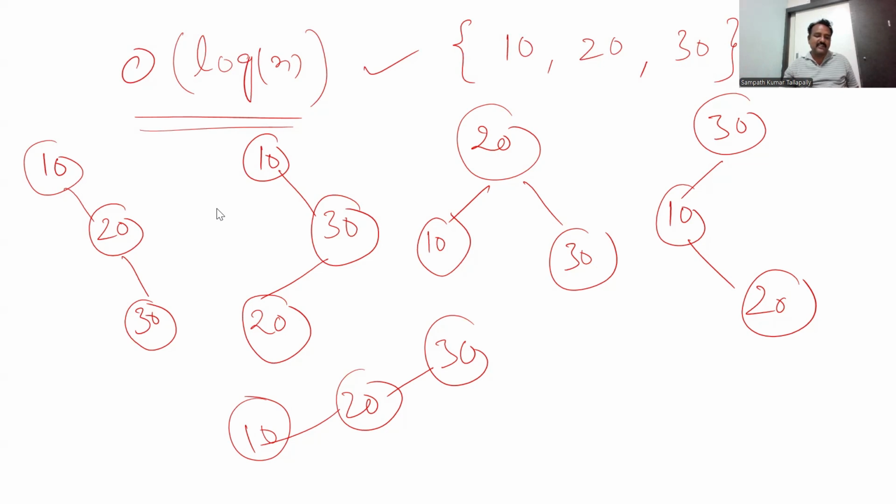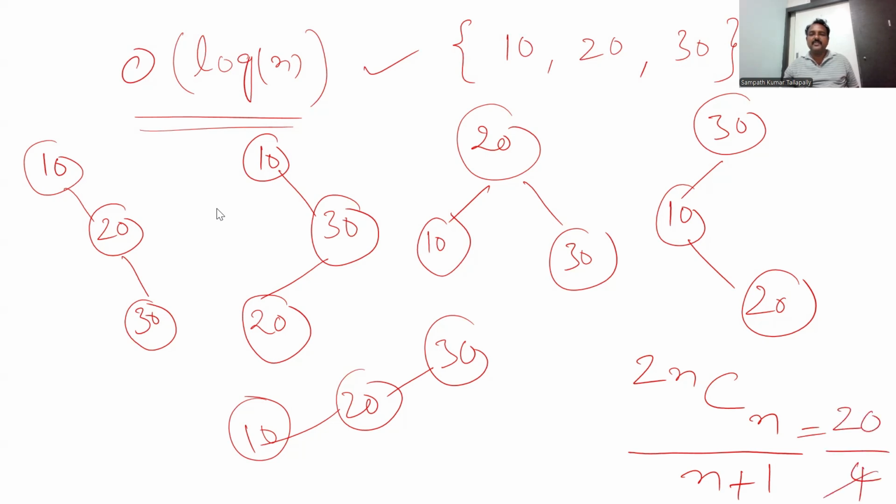The formula for calculating the number of possibilities of a binary search tree is 2n C n divided by n plus 1. This is the formula by which we calculate how many possibilities we can have. If I substitute the value n here, this is equal to 20 by 4, so we are going to have 5 combinations.